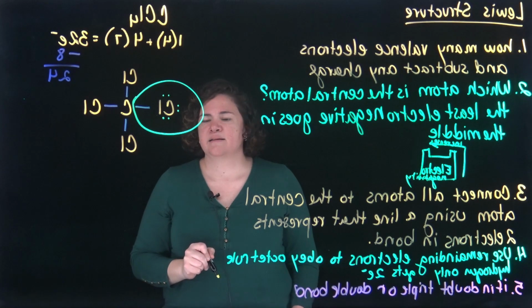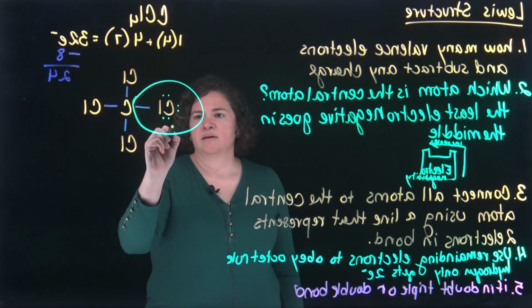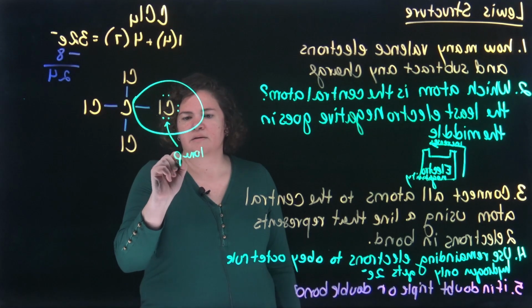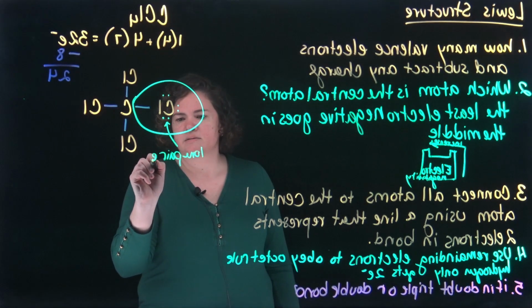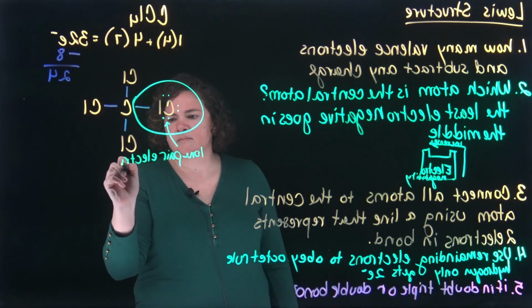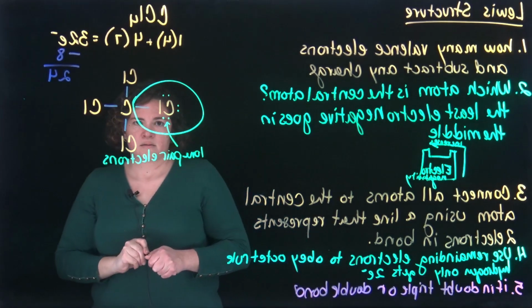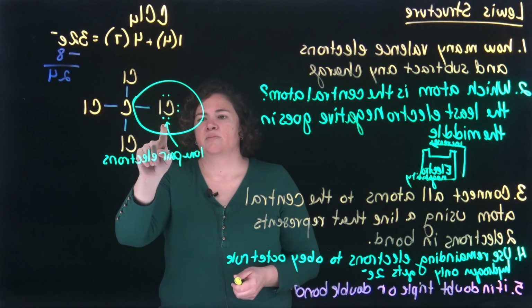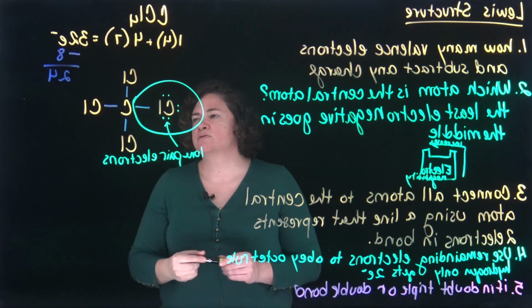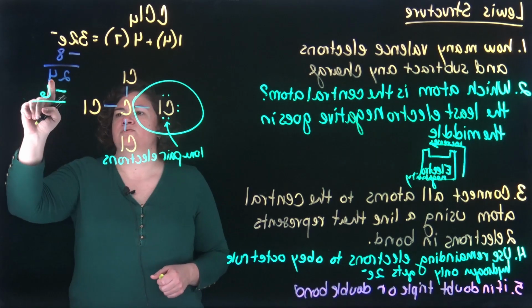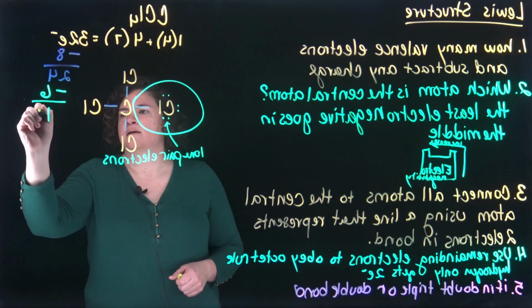And you want to add them in pairs, and these are called lone pair electrons. So now this chlorine obeys the octet rule. So you're going to subtract 6 here. So 24 minus 6 is 18.